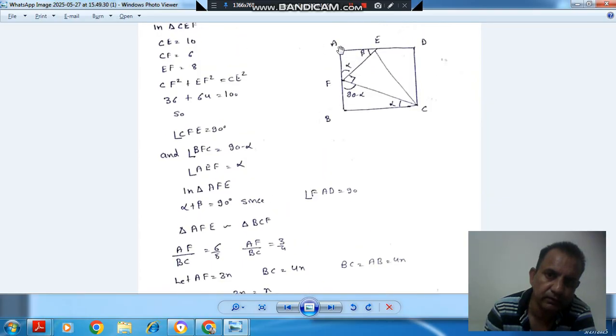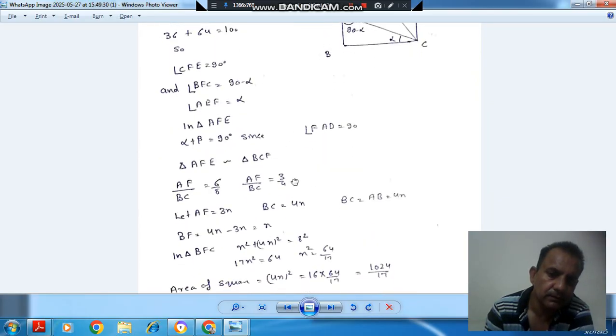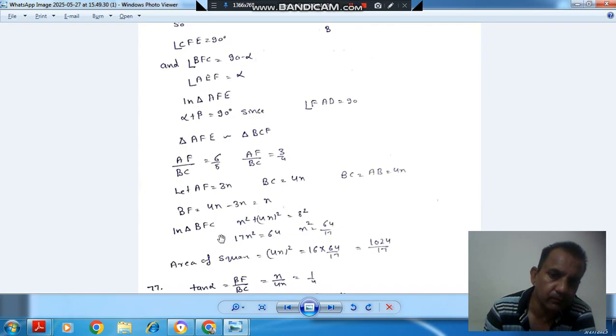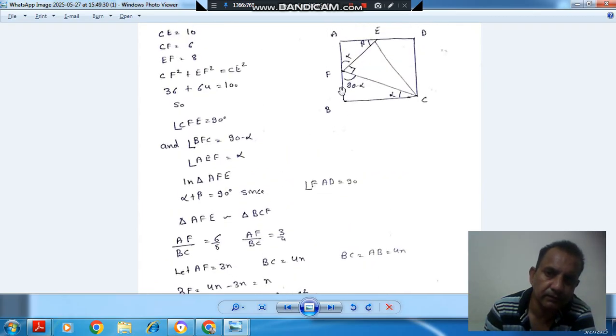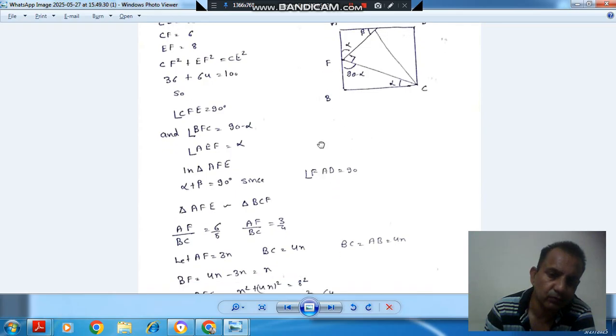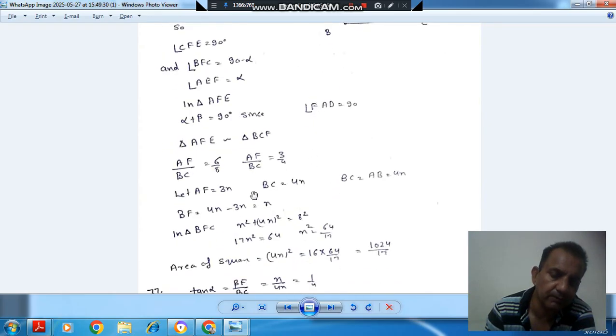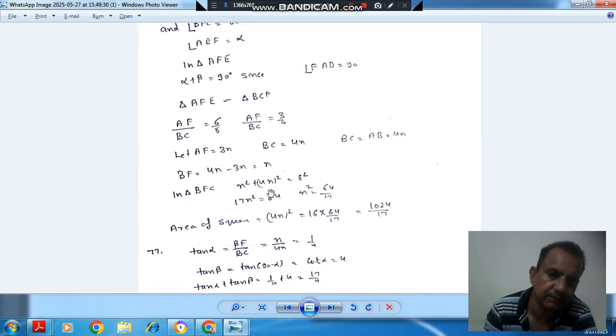Total is 4x and this is 3x. Now in triangle BFC, this is 4x, this is x, and this is 8. So we can find the value of x. By the Pythagoras theorem, x square plus 16x square is equal to 8 square, or 17x square is equal to 64.